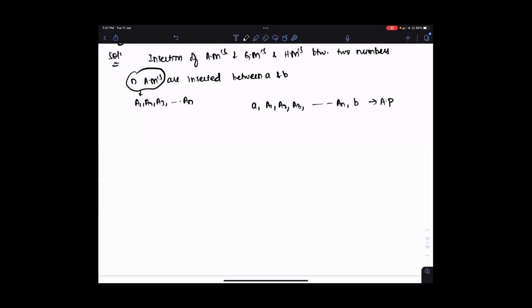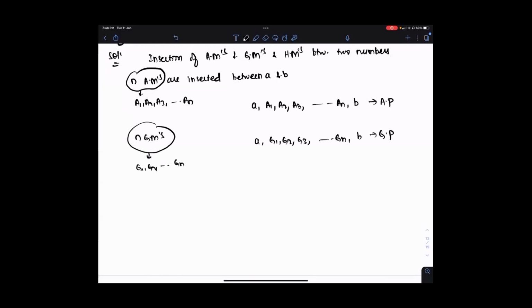If they say n geometric means are inserted between A and B, same thing, let's say the geometric means are G1, G2, so on till Gn. It means A, G1, G2, G3, so on till Gn, comma B, they are in GP.